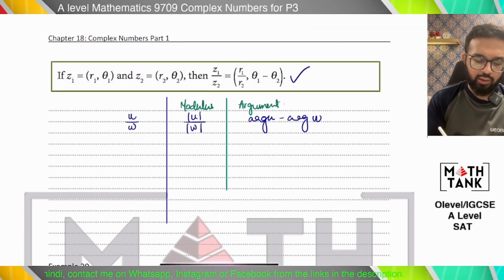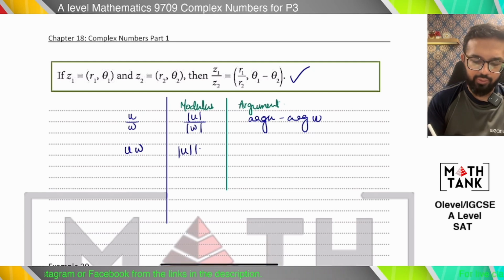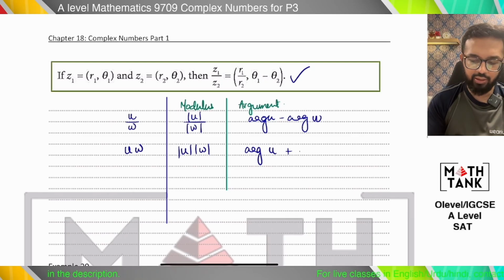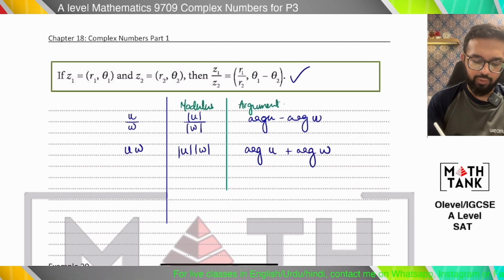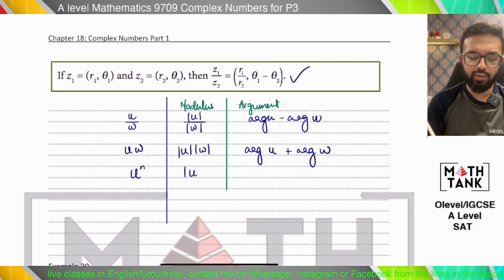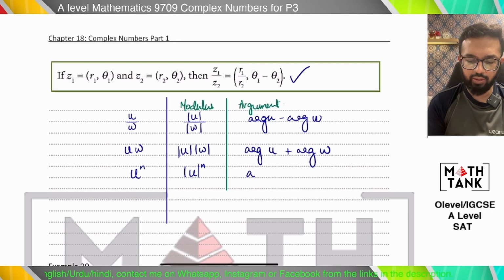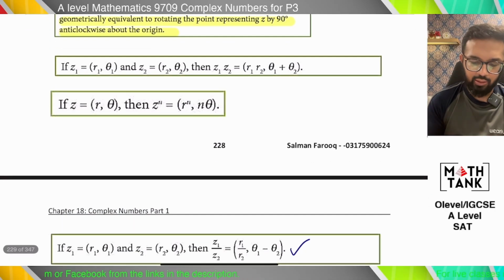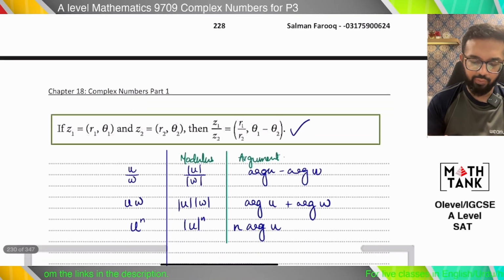Then let's say two complex numbers are being multiplied. Their moduli will also get multiplied, and this time their arguments will get added. Then if you have a power on a complex number, this becomes modulus of u to the power n, and this becomes n times argument of u. Those are the three rules that will help you solve all the questions.